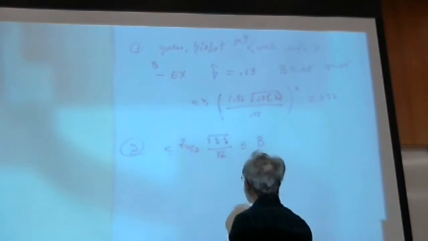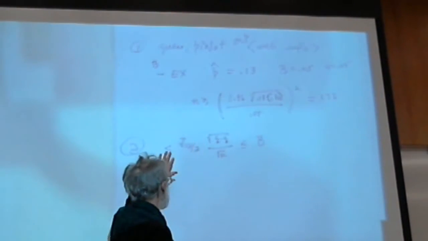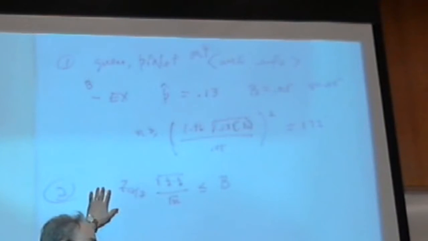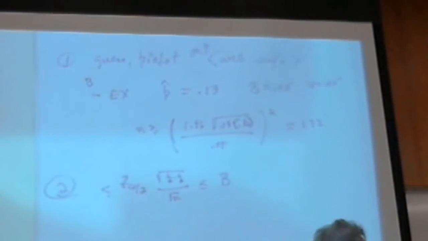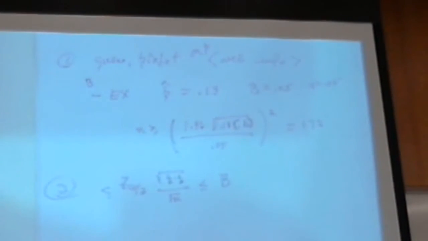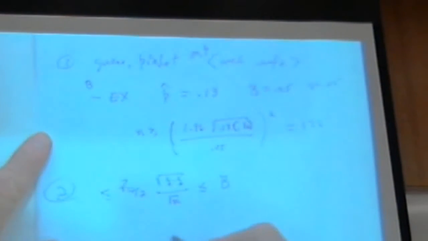You sandwich that in, and then you ignore it, just solve for that. This will come out to be this, right? You can generate the square root of 1/4, this is 1/2.